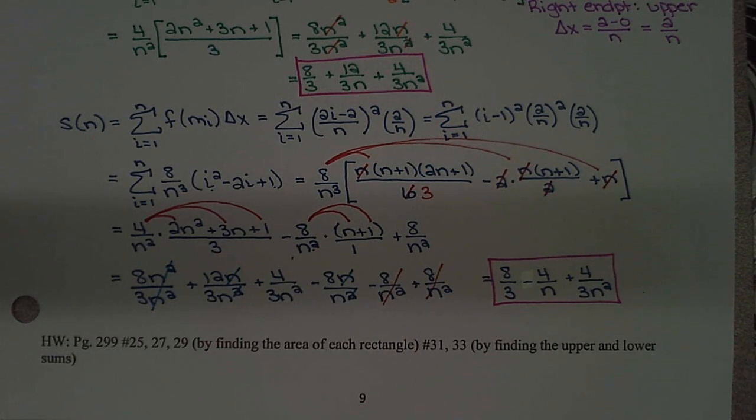So on these problems, they actually are going to have you figure these out, and on some of them they've actually drawn in the rectangles. So you just count them, and that tells you how many you're supposed to plug in for your n. And on another one, it tells you what the width is supposed to be of each rectangle. So you can go in then, based on the width, and figure out how many rectangles would fit in that space.